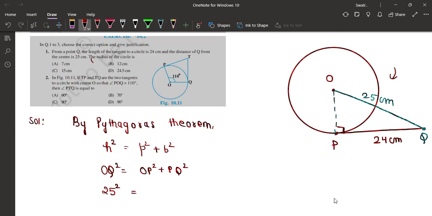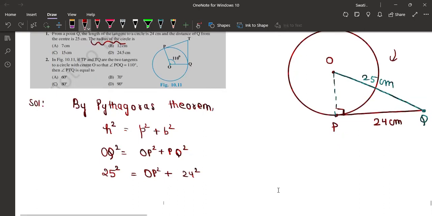Now, can you tell me quickly what is 25 square, Manya? Actually, you can use the formula also, but I'm not trying to make it complicated for you. You can just solve what is 25 square. Squares and square roots you can remember till 50.